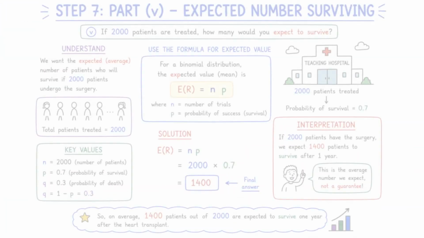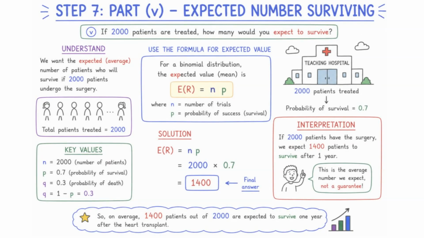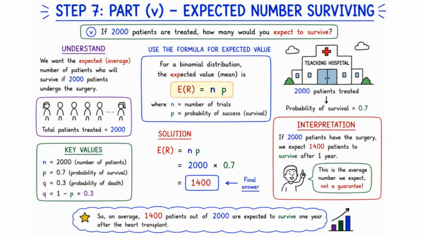The fifth question says, expected number of survivors. So this question is different from the previous ones. We are no longer looking for a probability. Instead, we are looking for the expected number of survivors if 2,000 patients undergo the surgery.